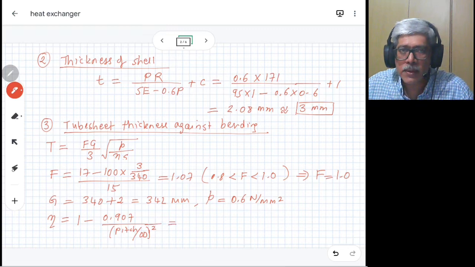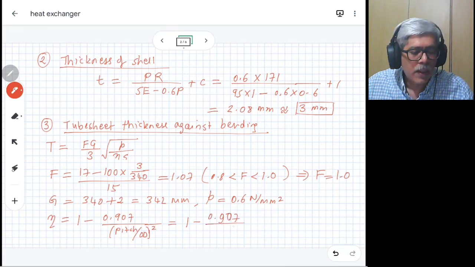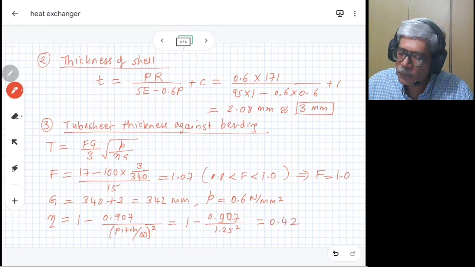In the previous page, we have seen that we assumed the pitch as 1.25 times the diameter of the hole or OD of the tube. So substituting that, we'll get 1 minus 0.907 divided by 1.25 the whole square, which is equal to 0.42.